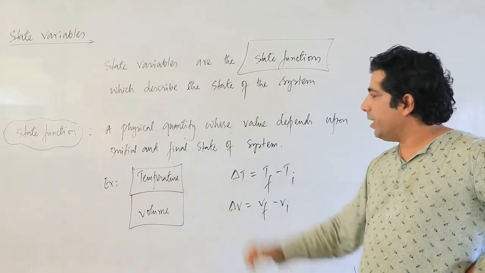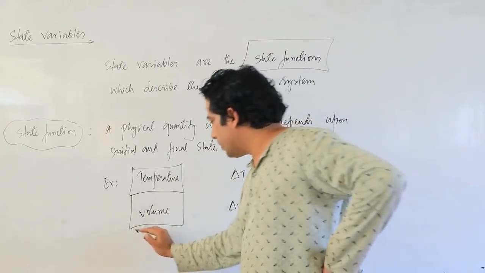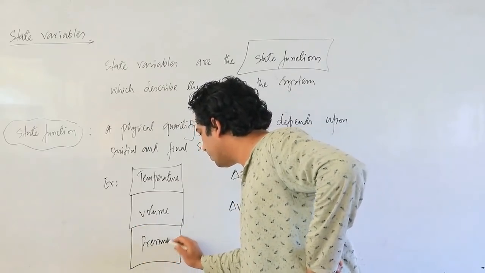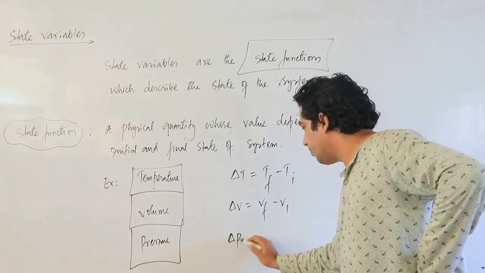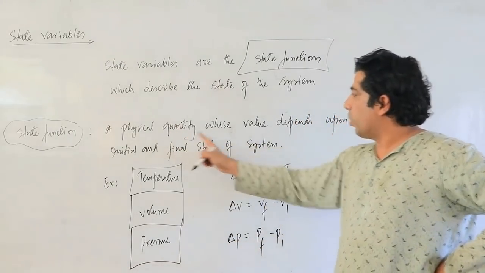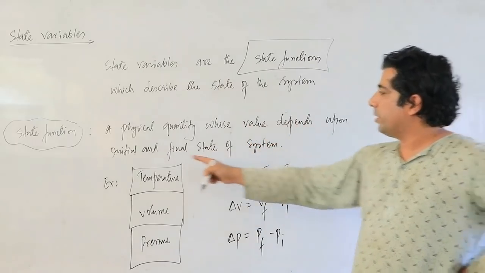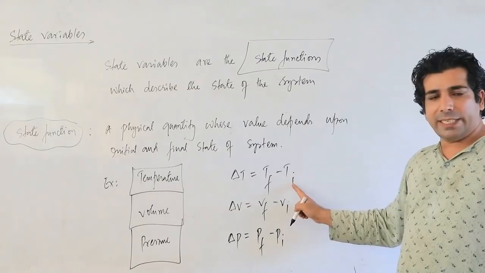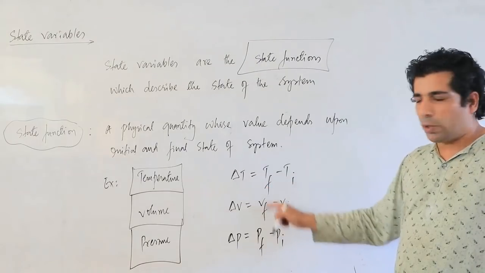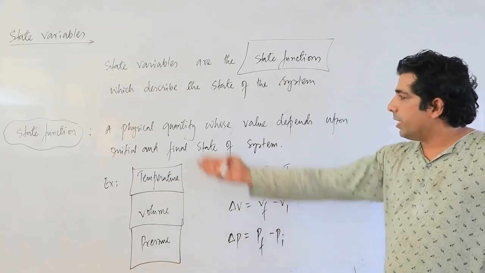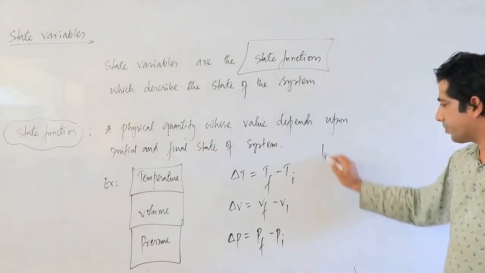So it's a state function. So temperature and volume are state functions. And pressure is also a state function. Change in pressure is equal to P final minus P initial. So a physical quantity whose value depends upon the initial and final state of a system. This is the initial state and this is the final state of a system. So these temperature, volume and pressure are your state functions.